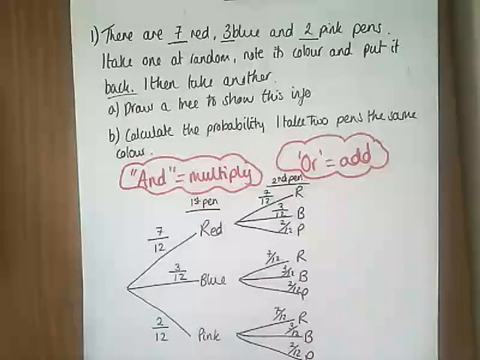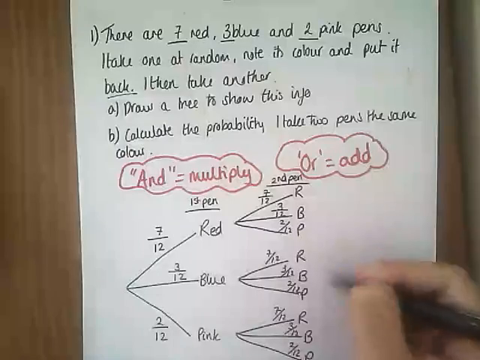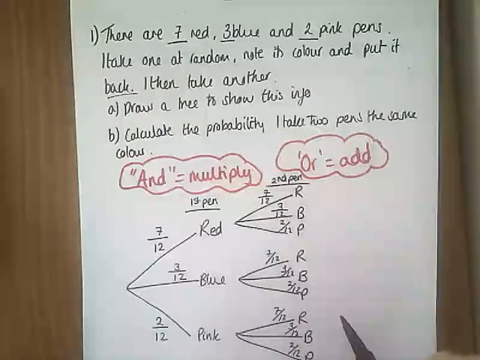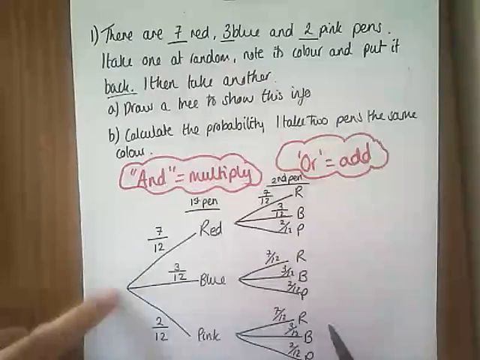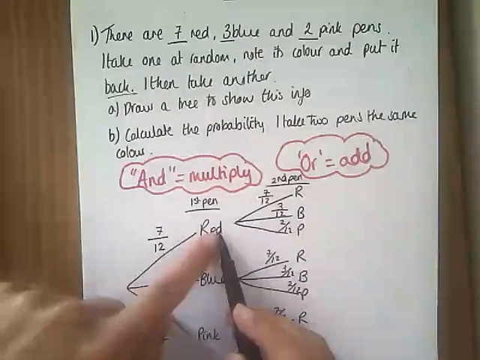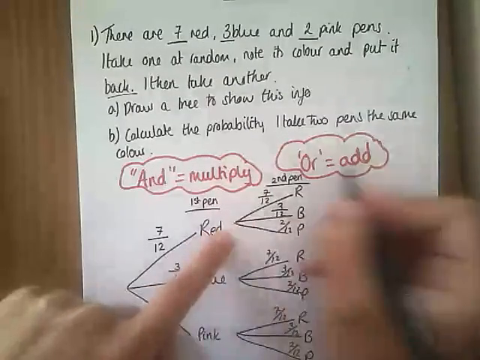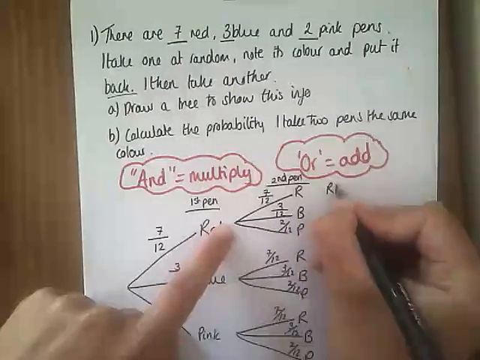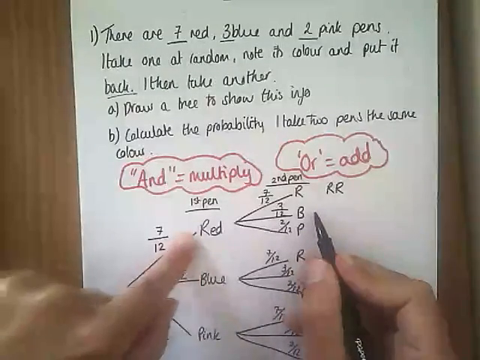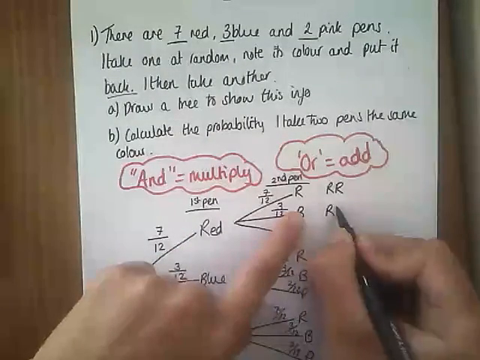Right, then I would like you to get into the habit of writing at the end here what has happened. So the tree diagram gives us a journey of what has happened. We're starting here, and this is saying, I take a red, and then I can either take a red, so if I end up here, I've taken 2 reds, a red and a red. If I end up here, that means I've taken a red and then a blue. A red the first time, a blue the second time.